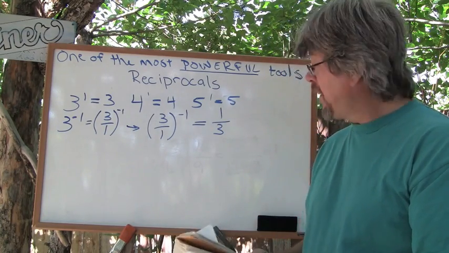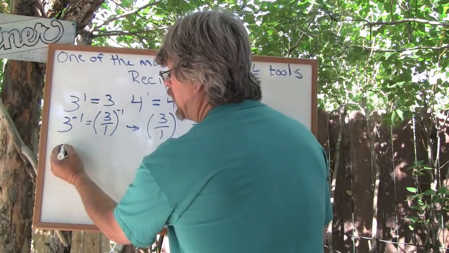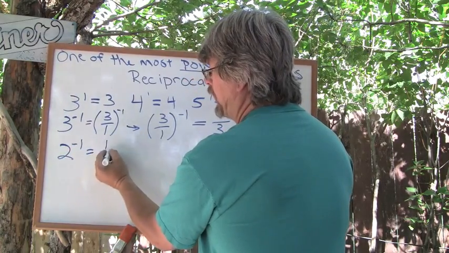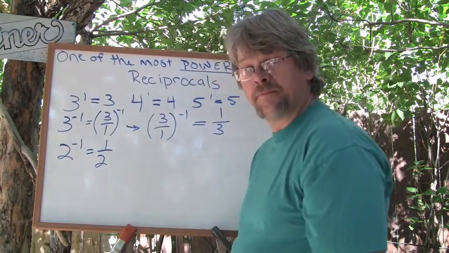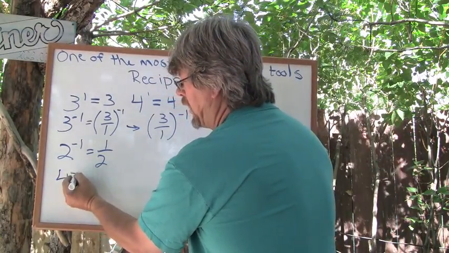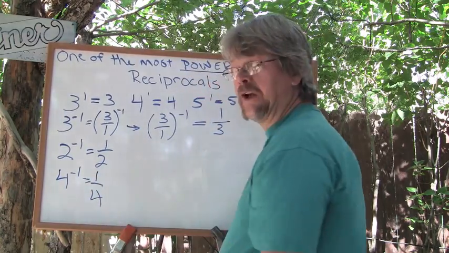And this is a very important piece of information to understand. 2 to the negative 1 simply equals 1/2. 4 to the negative 1 equals 1/4. And so on and so forth.